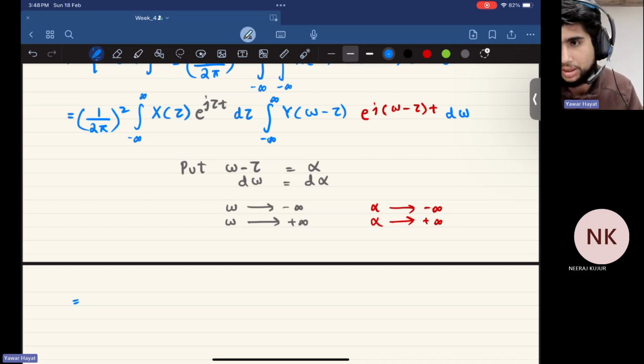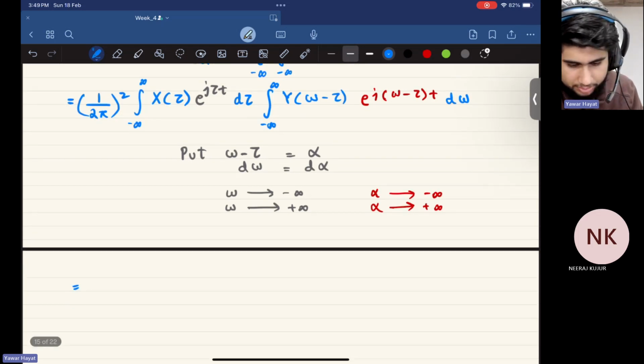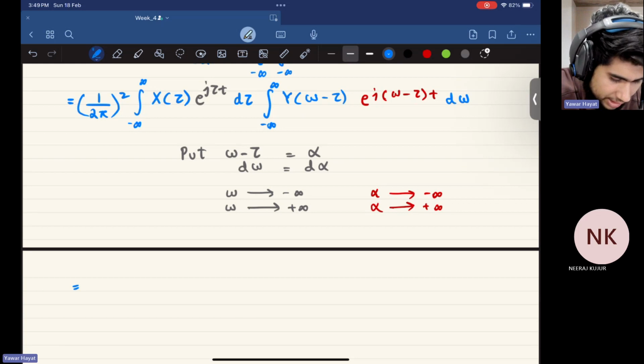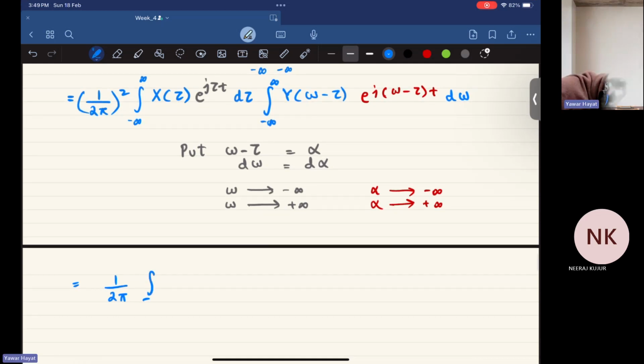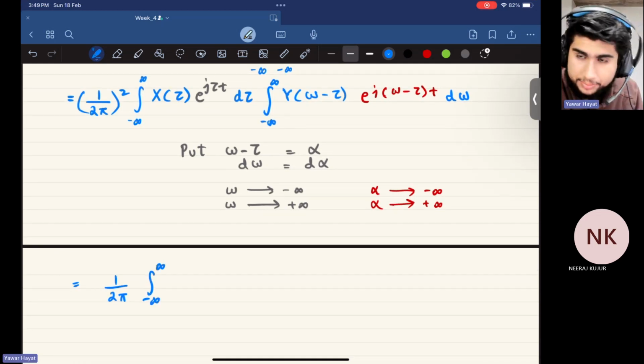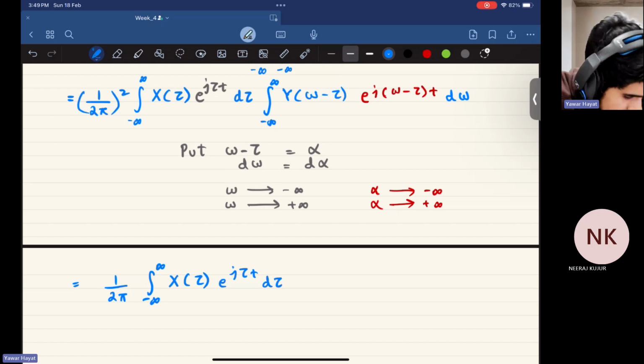I'll use them separately, because I'm trying to make this into the desired form. So let me write this 1 over 2 pi, minus infinity to infinity, this is again x of tau. The first integral is essentially unchanged, e to the power j tau t d tau, right? What about the second integral?